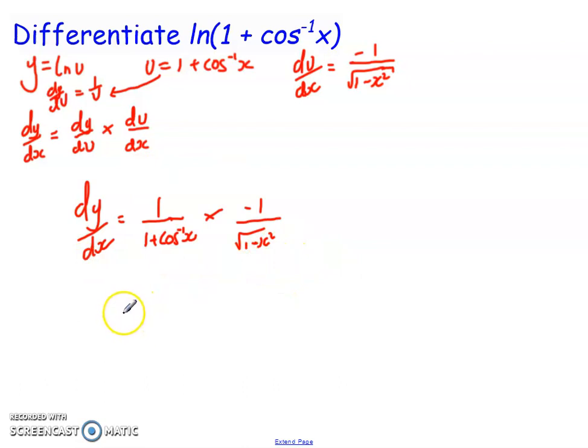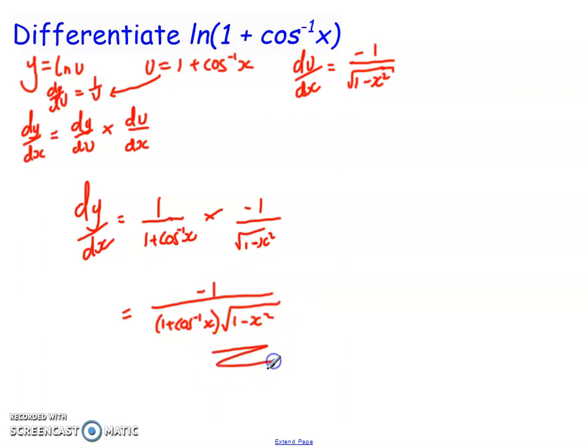Simplify the whole thing and stick it together in one fraction. What we'll end up getting is negative 1 over the 1 plus cos minus 1 x in a bracket times the square root of 1 minus x squared. So there you go, a nice simple looking derivative. Yeah, slightly trickier than you would have thought originally, but actually not too bad when you follow the steps. It just looks a heck of a lot more complex than you'd expect.